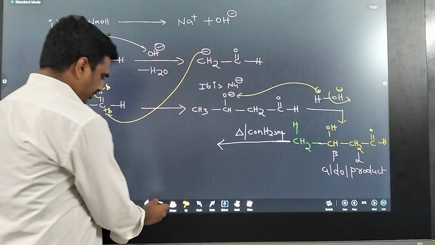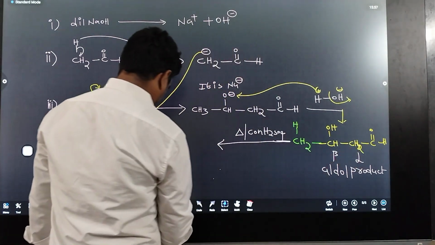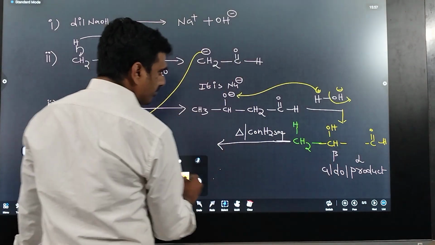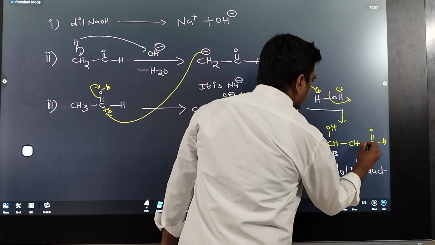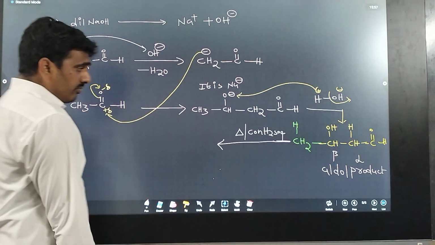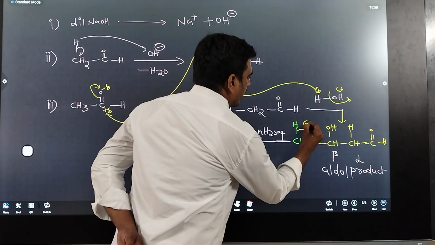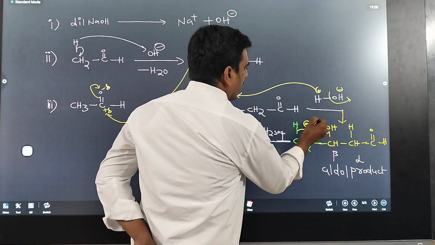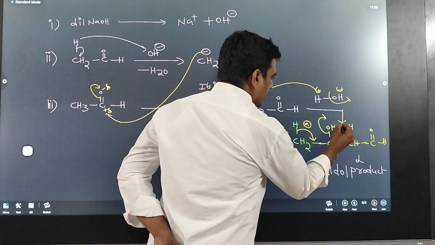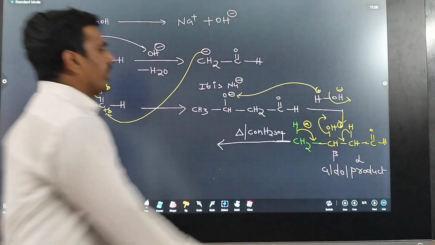So here this is also I can write CH, H. Okay, so here this electron displacement towards here, this is the A possibility. Okay, OH minus is leaving. So again this electron displacement towards here, this is the B possibility. Okay, OH minus is leaving.